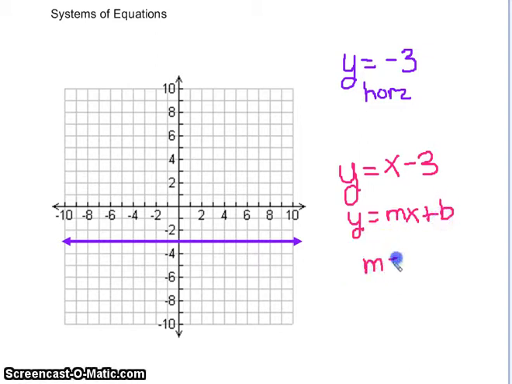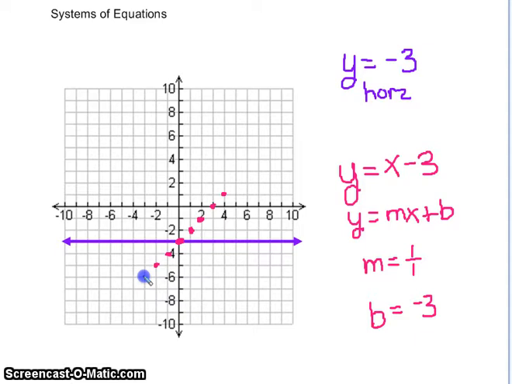My slope is the number in front of the x, so since there is no particular number, that means we have a slope of 1, or 1 over 1, and we have a y-intercept of -3. So as you can see, we are going to start right here at -3 and go up 1, right 1, up 1, right 1. Or down 1, left 1.